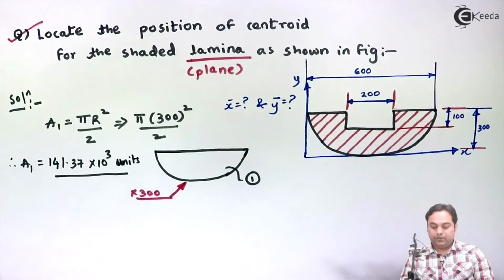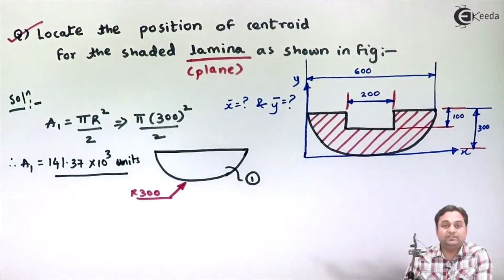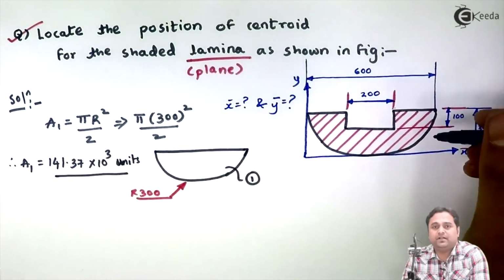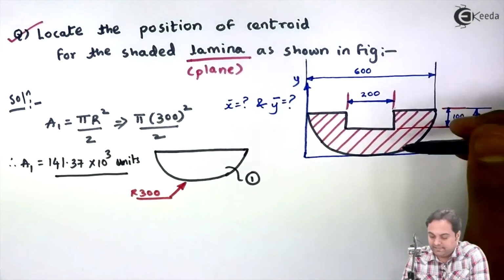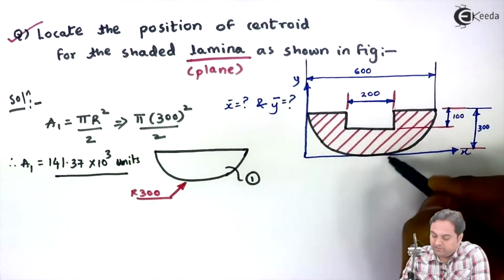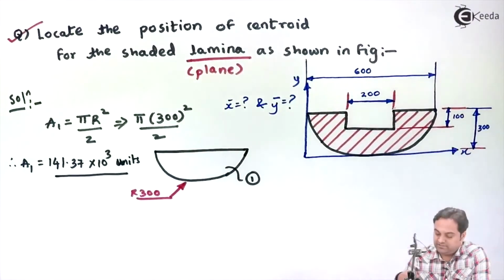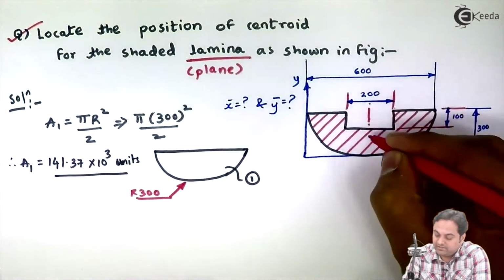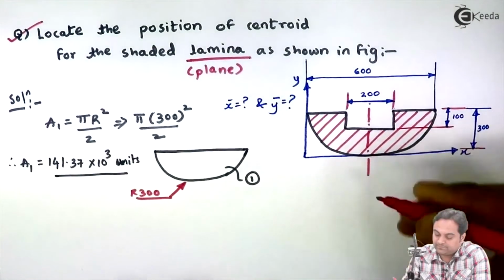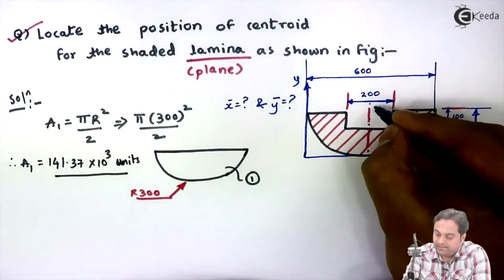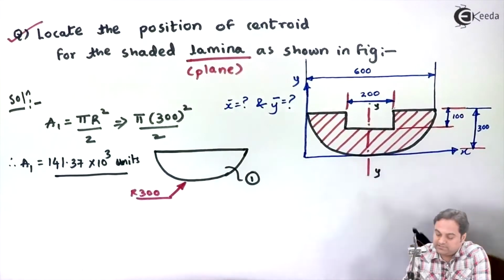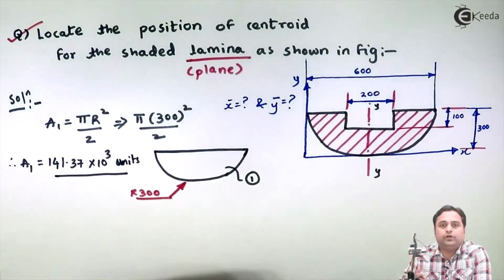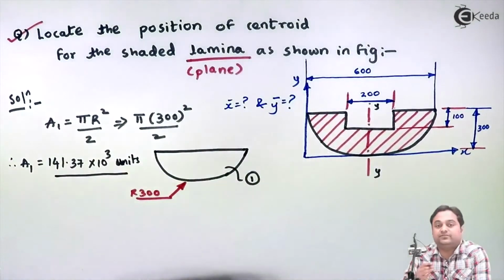Next, see here one hint is there. Whenever a figure is symmetric about a particular axis, like if I look at the section which is given here, this section will be symmetric about the vertical axis, that is y axis, and once it is symmetrical about y axis, it means centroid will lie on y axis. This is a very important point.